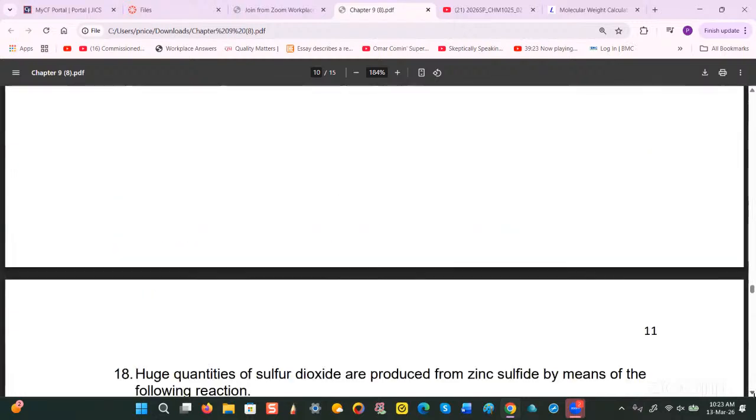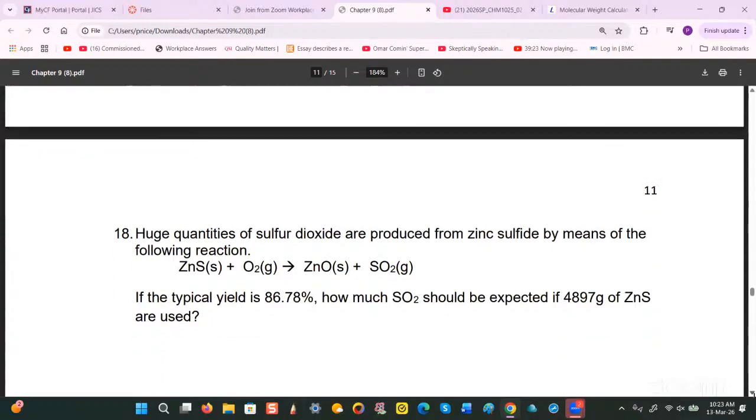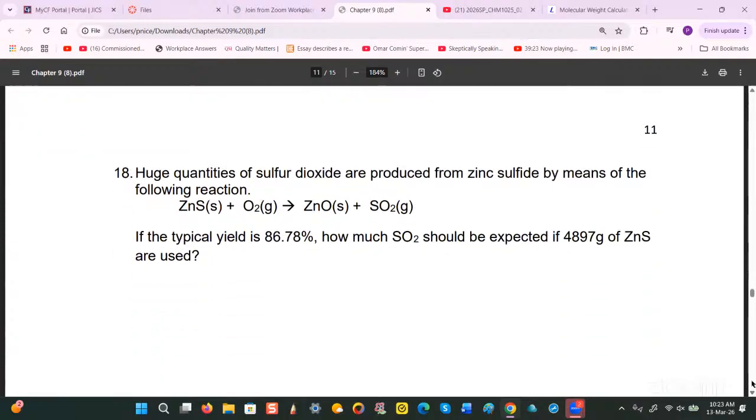Now, 18 deals with another important concept, and that is the relationship between the actual yield, the theoretical yield, and the percent yield. Let me deal with the theoretical yield first. If you perform a reaction where a compound is being made, you know the equation for the reaction, you do the experiment, you get your product, and you isolate it.